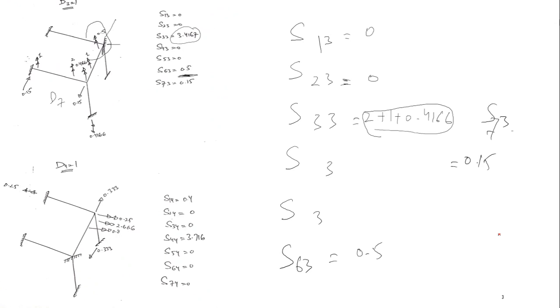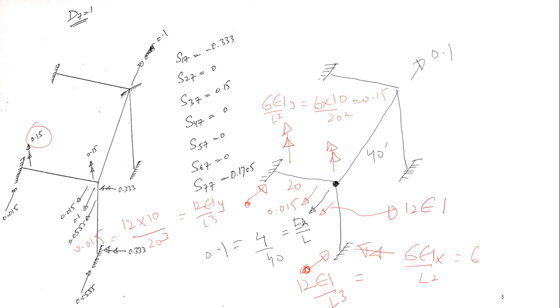EIx is 8. So 6 into 8 divided by column height 12, so 48 divided by 12 square, it comes out to be 0.33. 0.33.